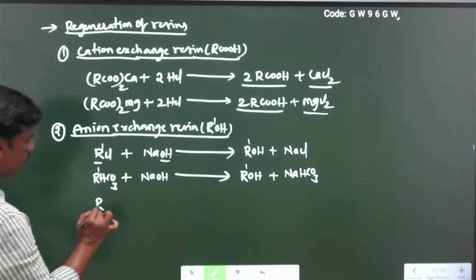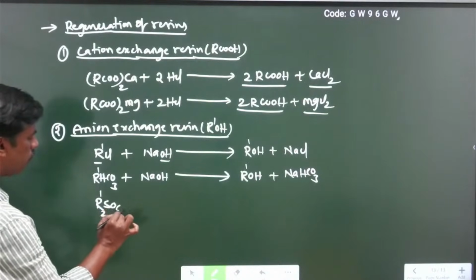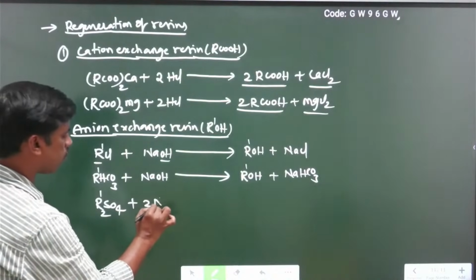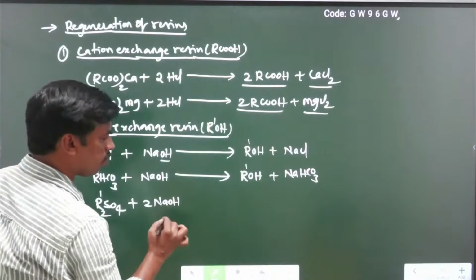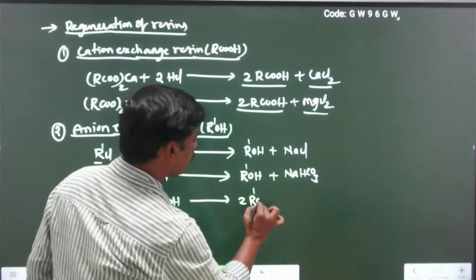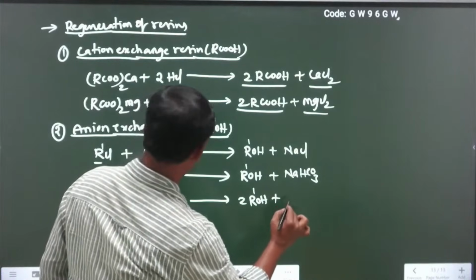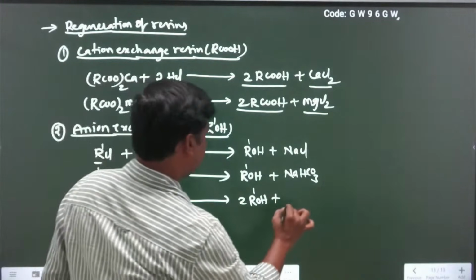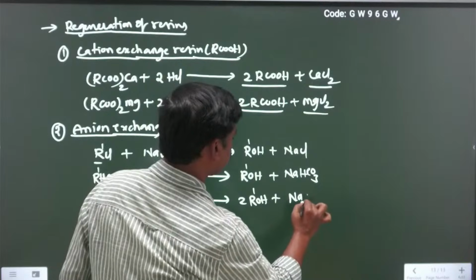Next, R2SO4 combines with 2 moles of NaOH to obtain 2 moles of R-OH plus the remaining Na2SO4.